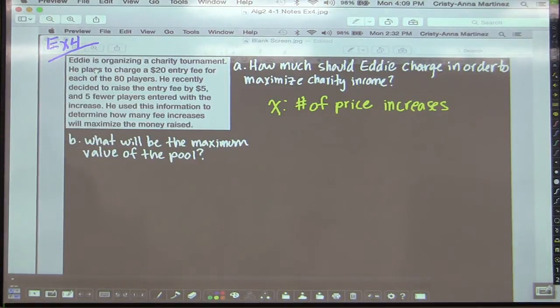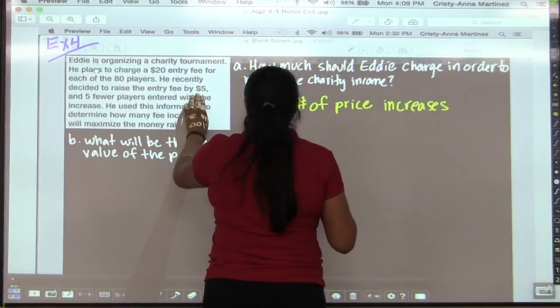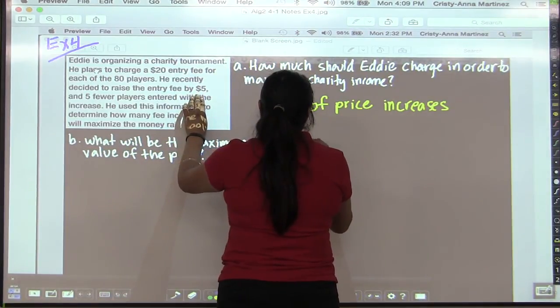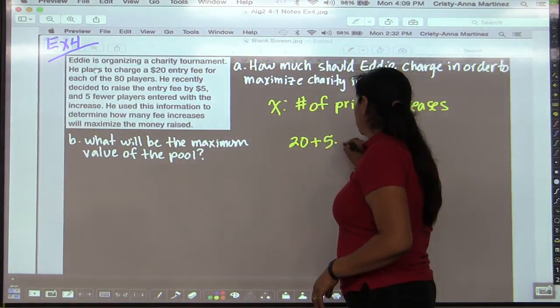So what we know is that the fee is currently $20, but he's thinking of increasing that by $5 each time. He recently decided to raise the entry by $5. So he was charging $20, and in addition to that, you're going to add $5 times x.